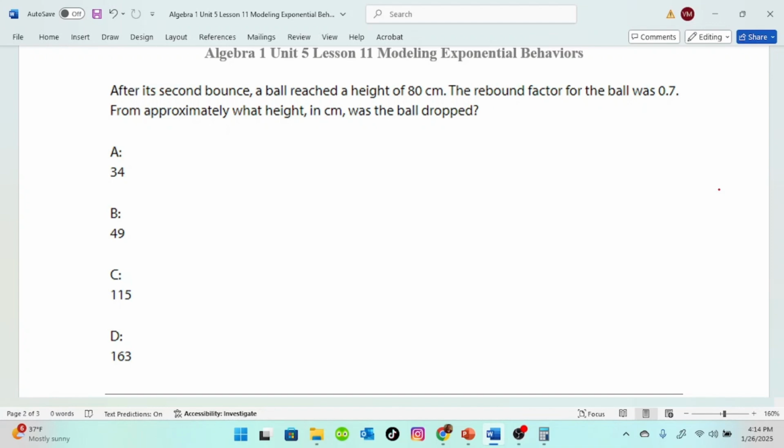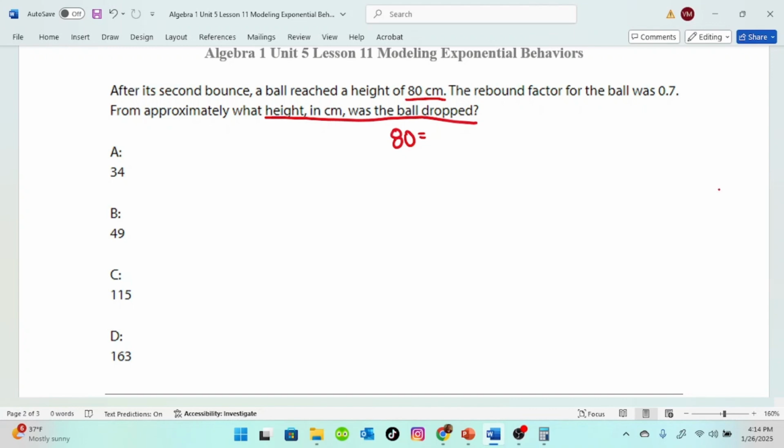So, let's fill in what we do know. We know that the height is going to equal 80 centimeters. They're asking us to find the height in centimeters the ball was dropped from.